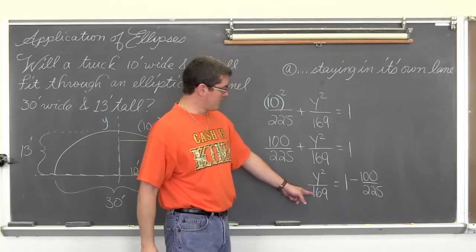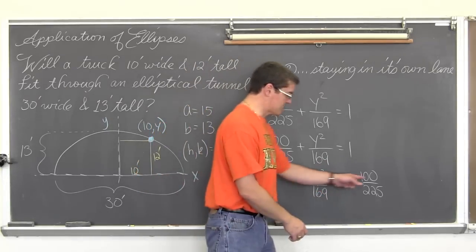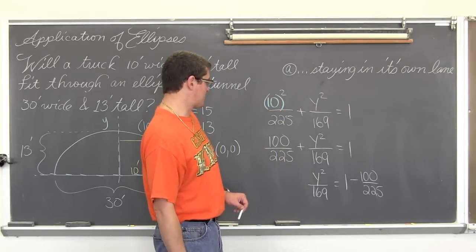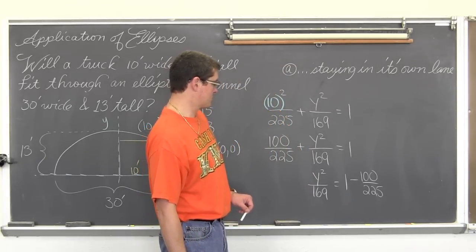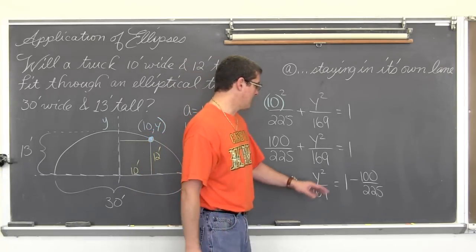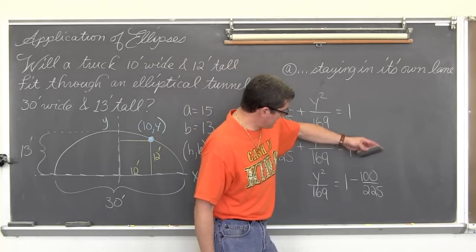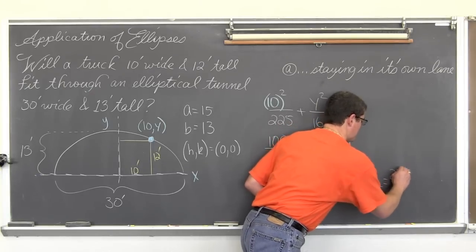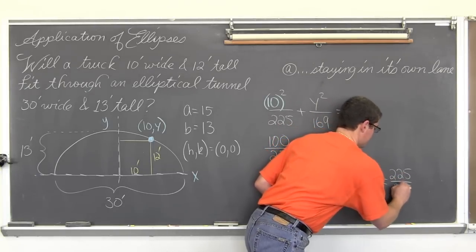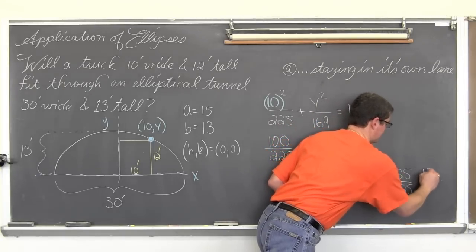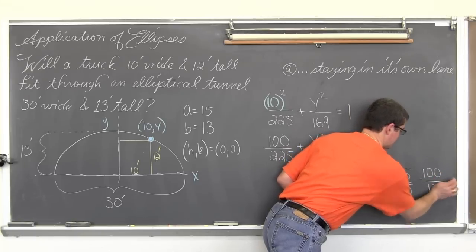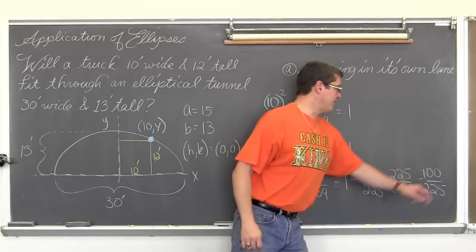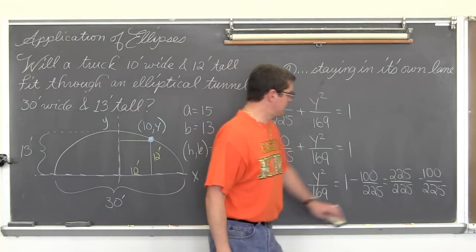And let's go ahead and get a decimal for this. Do I have that worked out? I have it in exact form. We can write that out. So we have 1 minus 100 over 225 is equal to 225 over 225 minus 100 over 225. 225 minus 100 is 125.